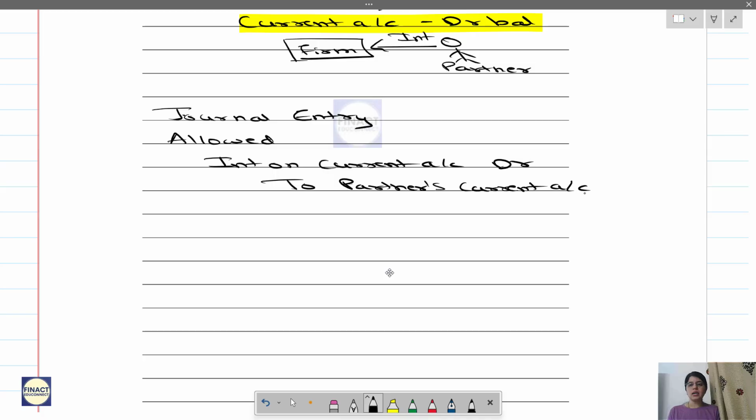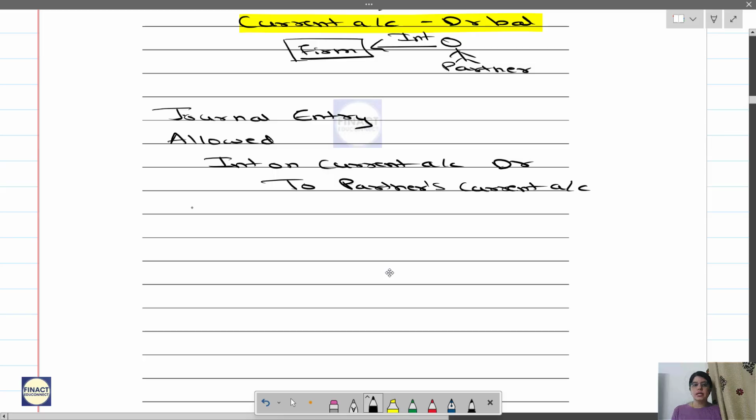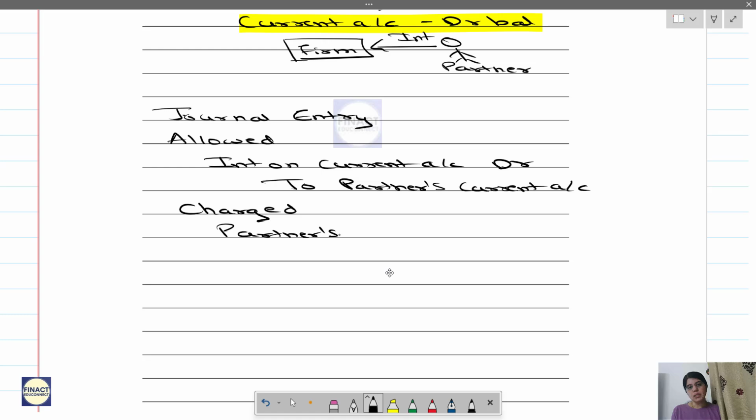It is understood. Then if the interest is charged, that means it is paid by the partner to the firm. So in that case, we are charging it from partners. So partner's current account debit to interest on current account.